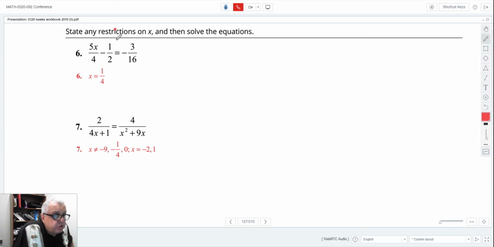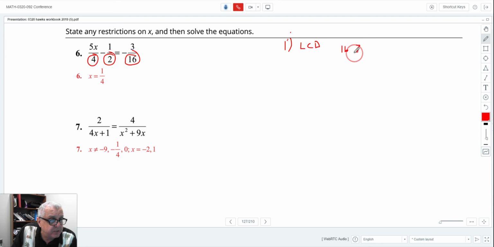So what you do first when you're solving a rational equation is multiply everything by the LCD, the least common denominator. What is the least common denominator between 4, 2, and 16? The way to find that is just start multiplying the numbers. 16 times 1 is 16. 16 times 2 is 32. 16 times 3 is 48.